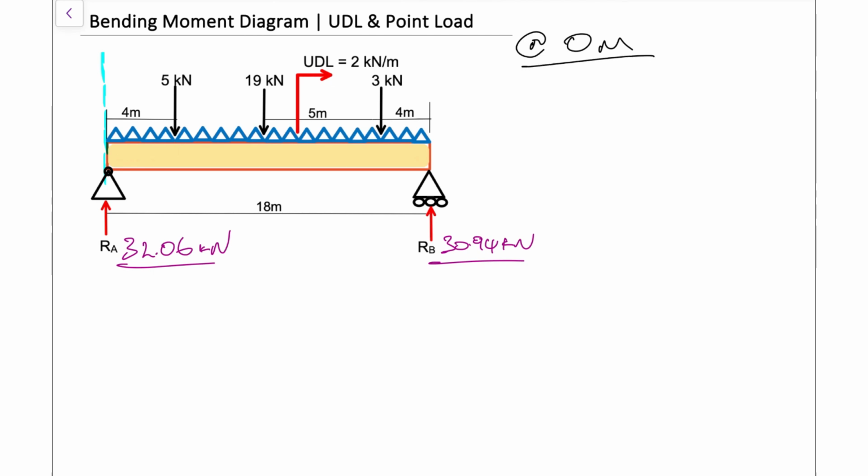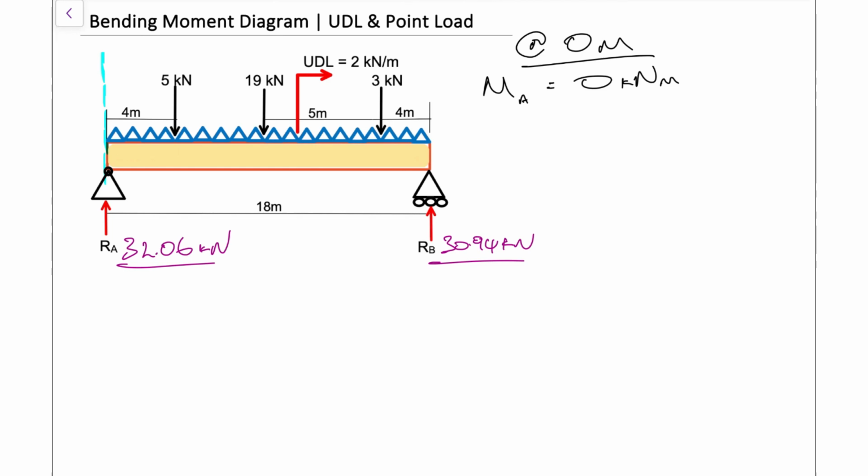And our bending moment at 0, when we do our force times perpendicular distance, is simply going to be 0, because our distance to begin with is 0, and also the force is acting through the exact pivot point. So from our previous video, you would have learned that that's always going to be 0.